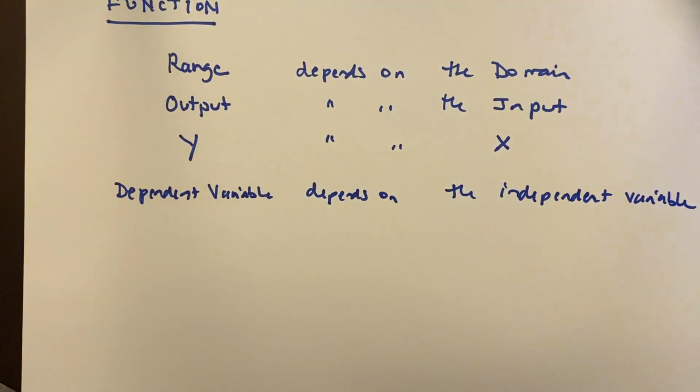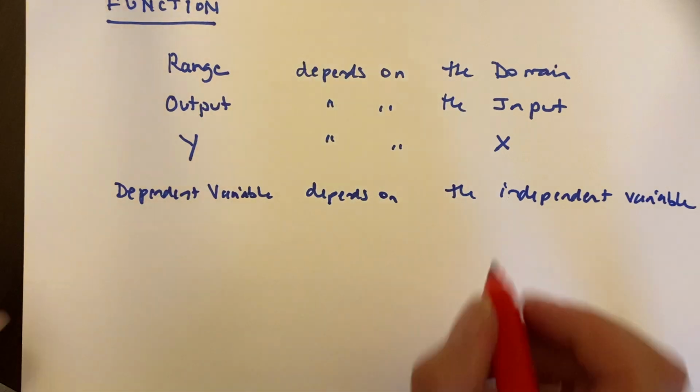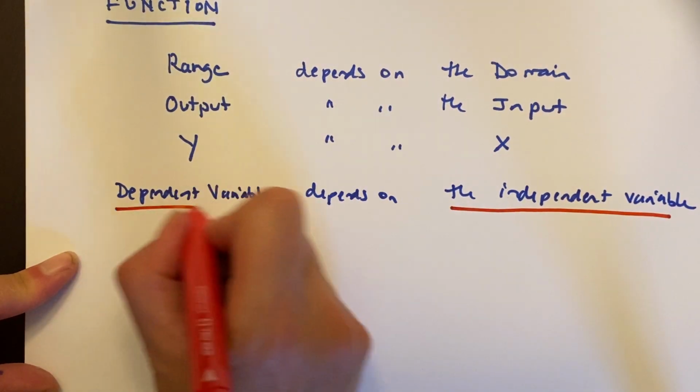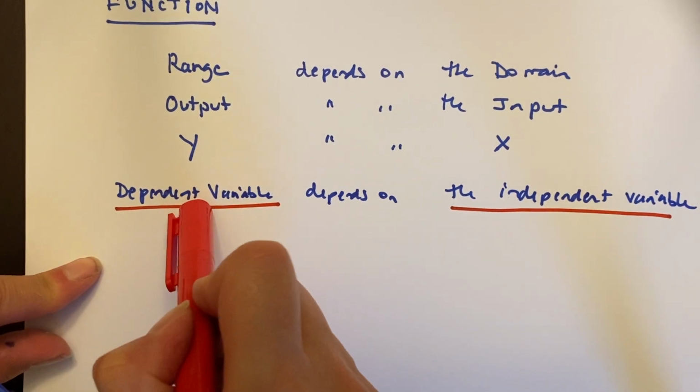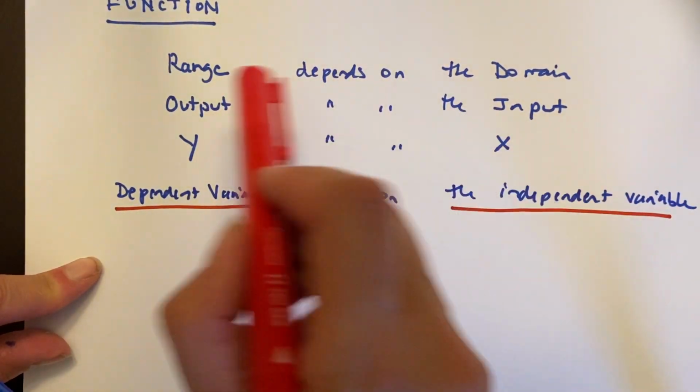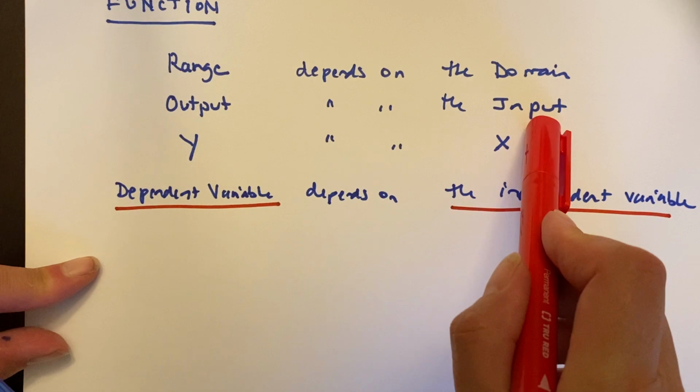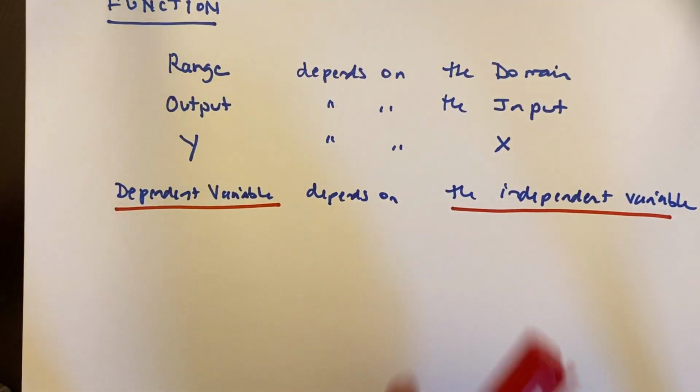In other words, what causes what? What depends on what? The dependent variable is Y. It depends on X. The output depends on the input. It is very, very important to understand these pieces.